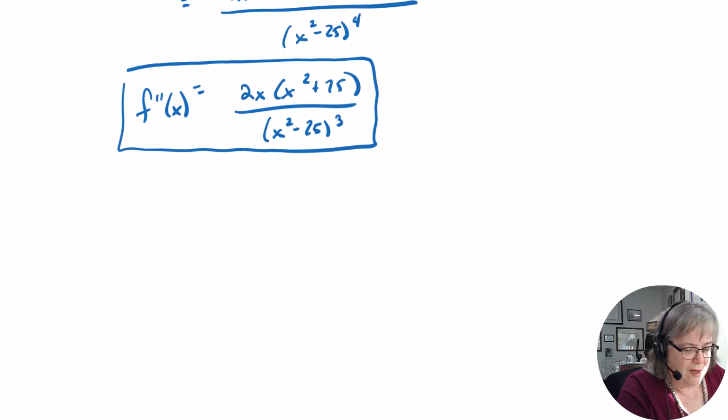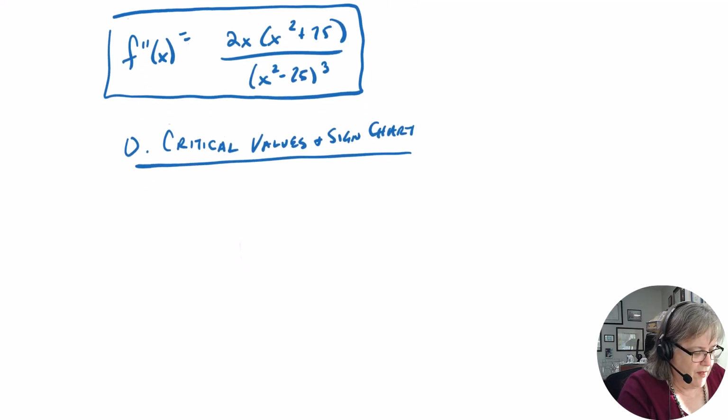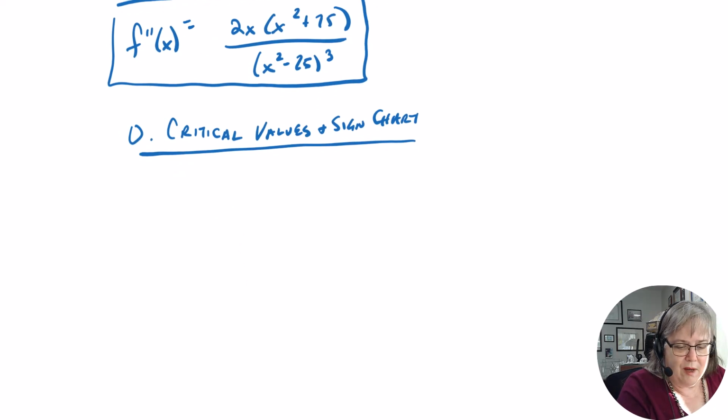Okay, and then we're going to look at the critical values, critical points, critical locations, and the sign chart. So you would go, okay, where is the numerator equal to 0? Well, when x is 0.